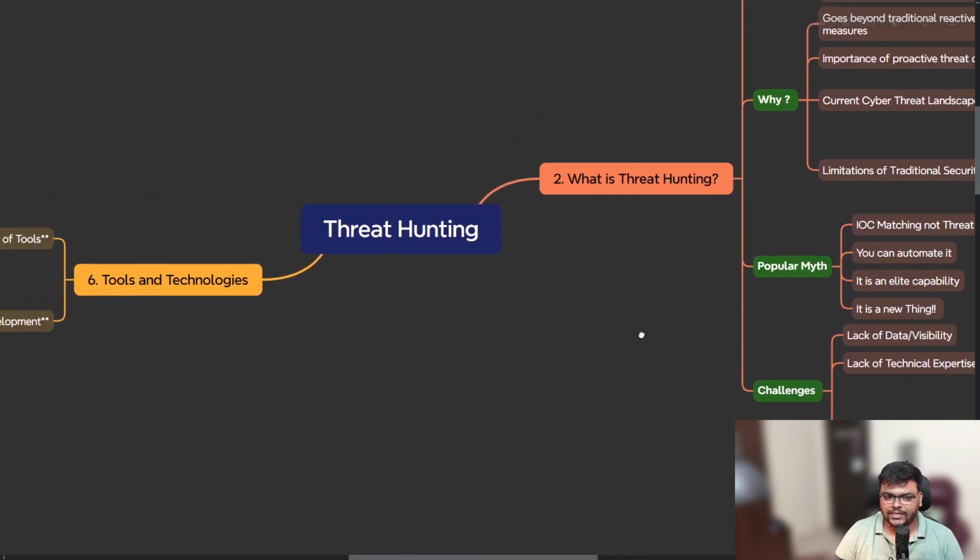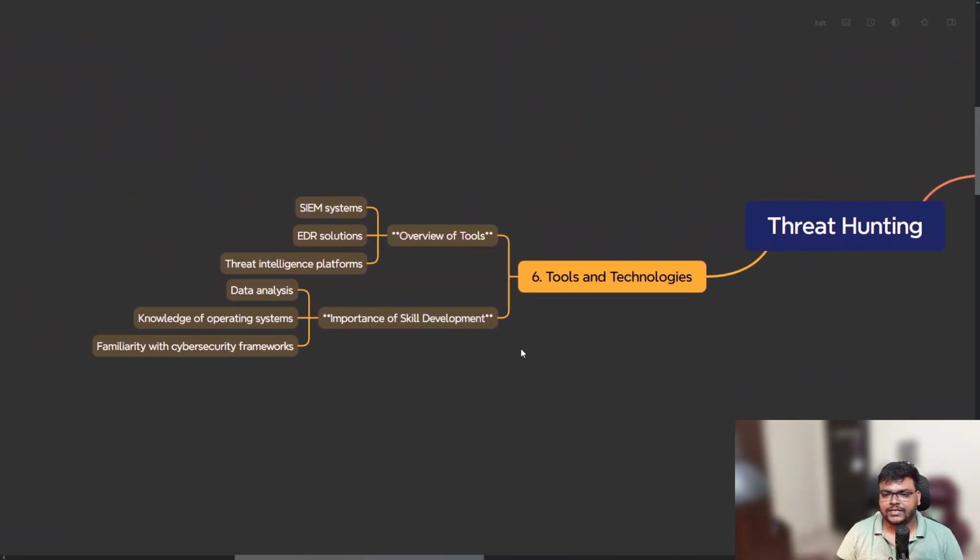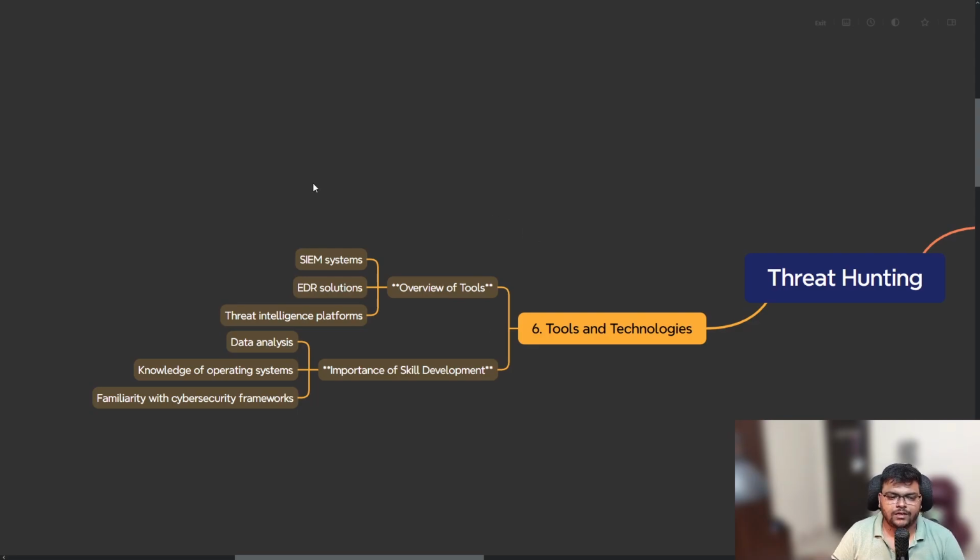We'll go back to the tools and technologies that are required to conduct these hunts. Basically there are very few tool requirements. Or, you can say, there are no tool requirements. I have just listed down some of the basic tools that you would find in all environments, so that it's easy for you to understand where to go and where to start from.